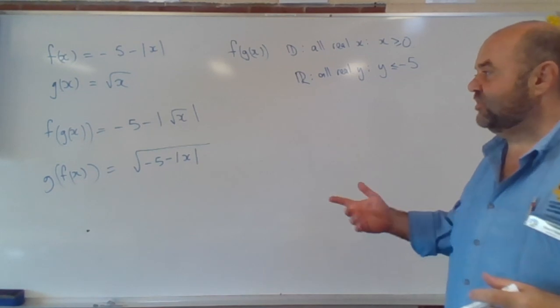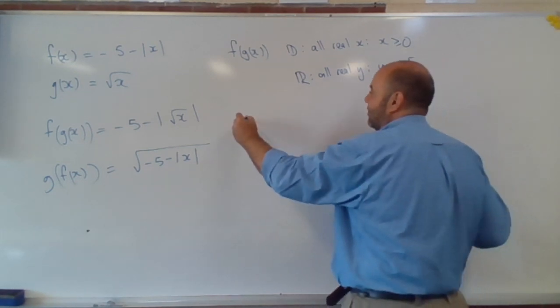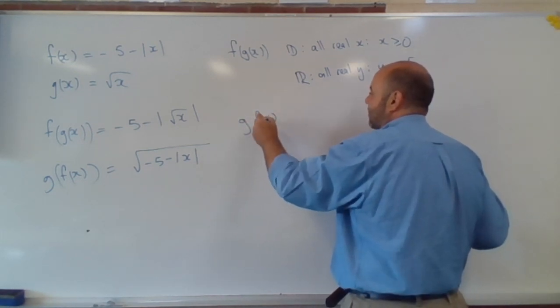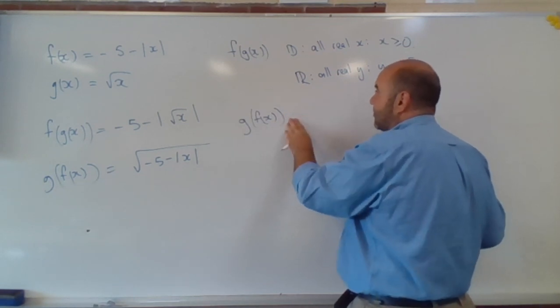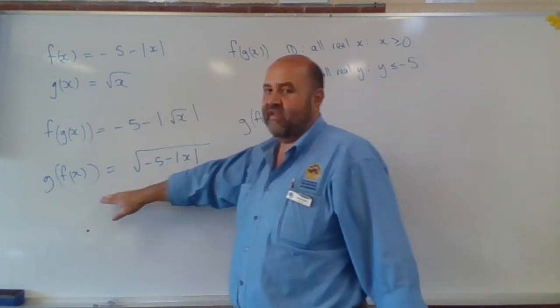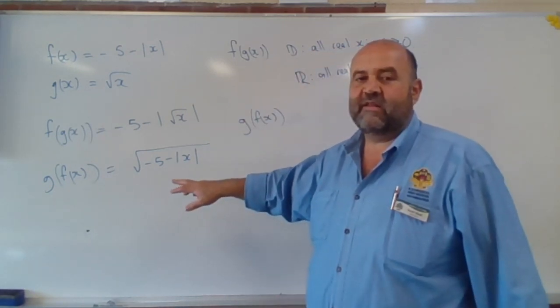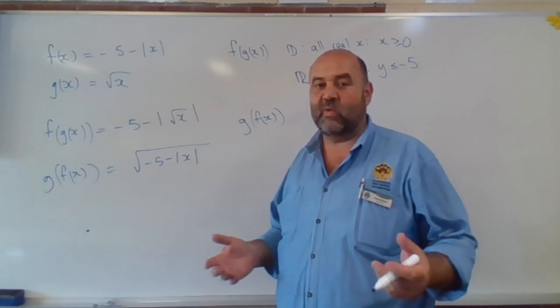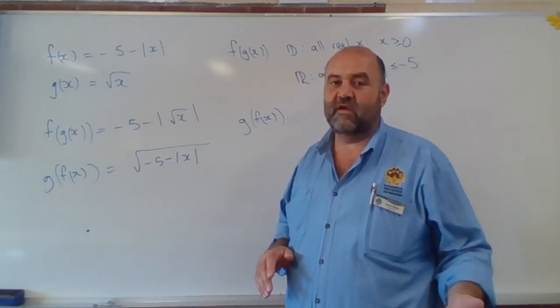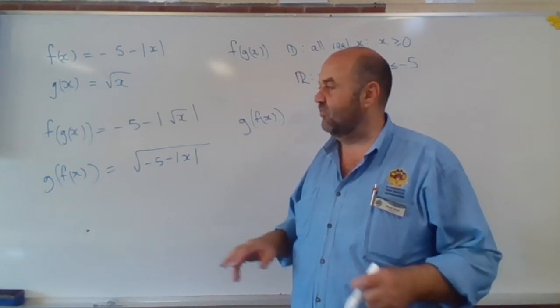Okay, what about for g of f of x? This one's a little bit different. g of f of x was this one over here. Now, I can get the absolute value of whatever I like, but I can't square root a negative.